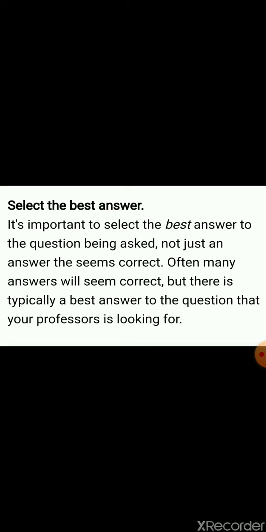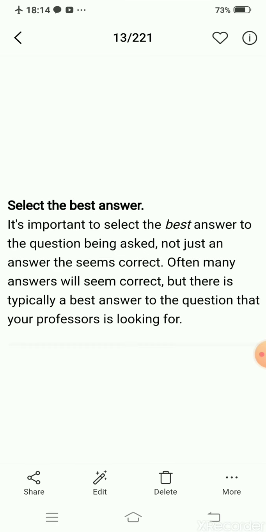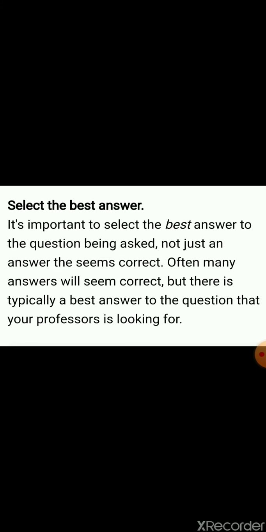We need to go with the best answer to the question, the closest answer to what your professor is looking for. Processor means these MCQ based answers are processed properly and fed into the system, and when the checking is done, you automatically get your result.